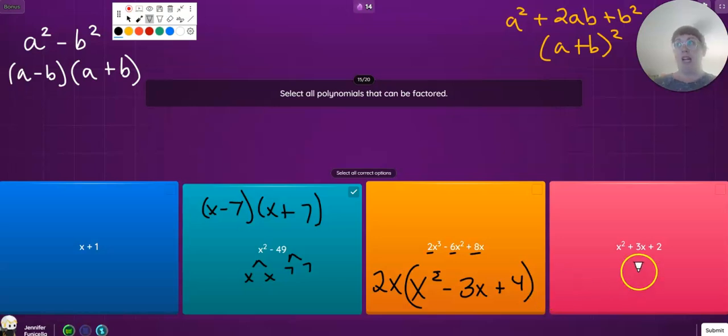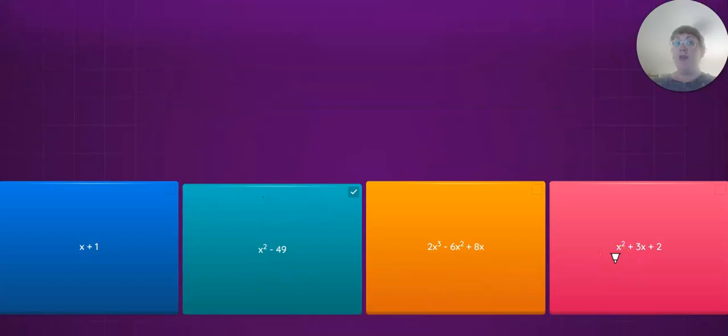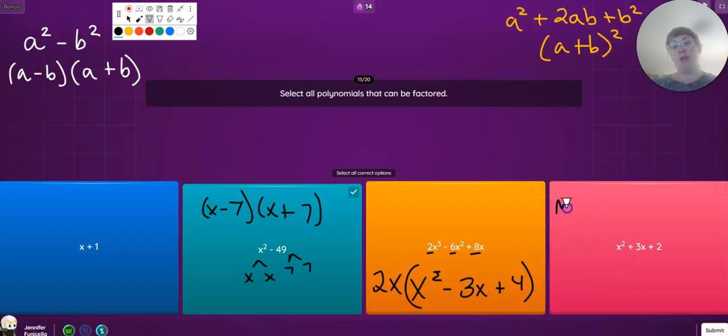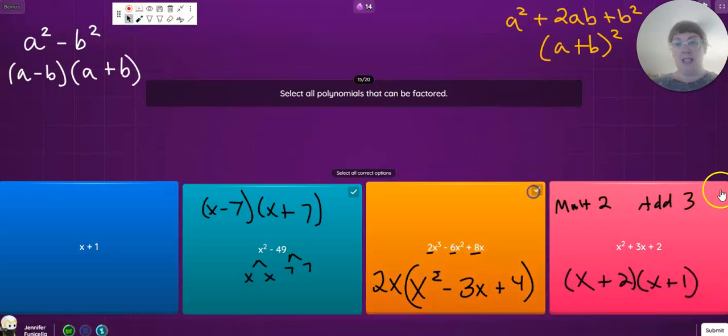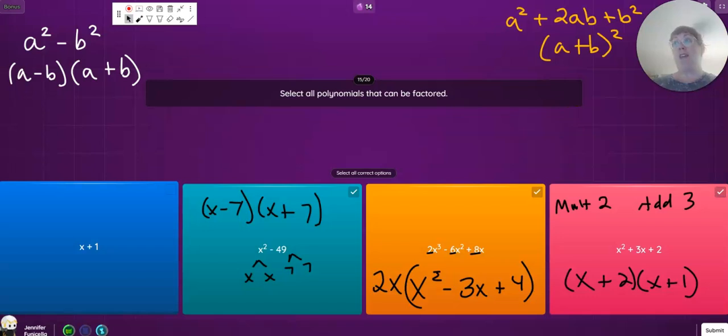And then over on the right, x squared plus 3x plus 2, this has an a value of 1. So we would want two numbers that multiply to 2 and add to 3, which could just be positive 2 and positive 1. So these last three could all be factored.